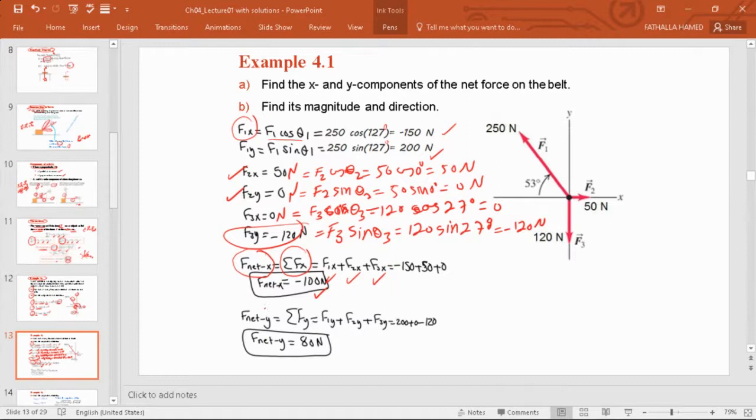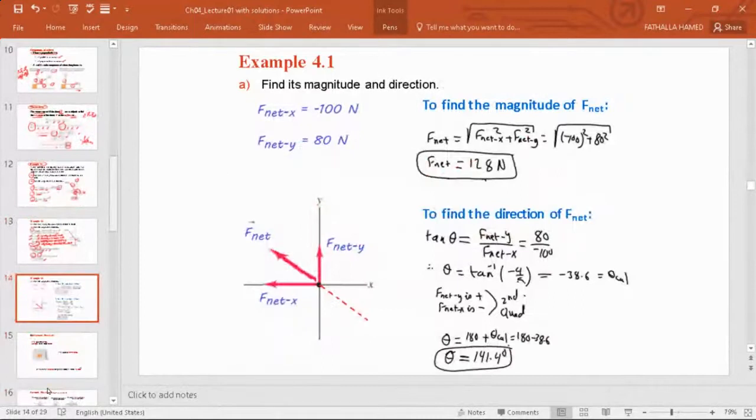Now the y component of the net force is the summation of all the y components, F1y plus F2y plus F3y, 200 plus 0 minus 120, and that gives you 80 newtons. So the net x component is minus 100 newtons, and the net y component is 80 newtons. The y component is positive, the x component is negative. You are in the second quadrant.